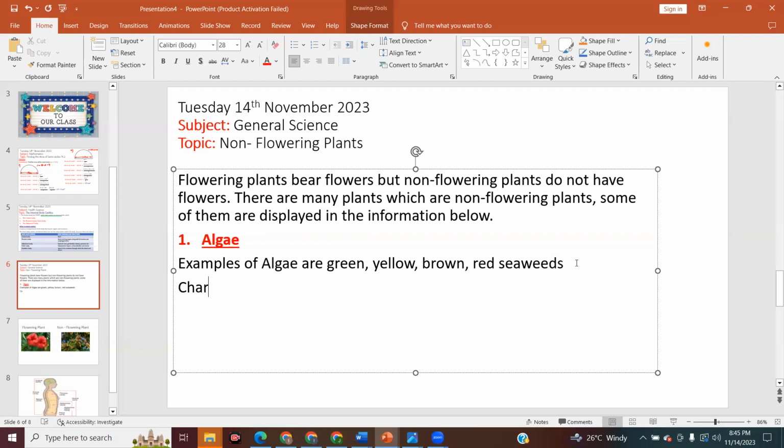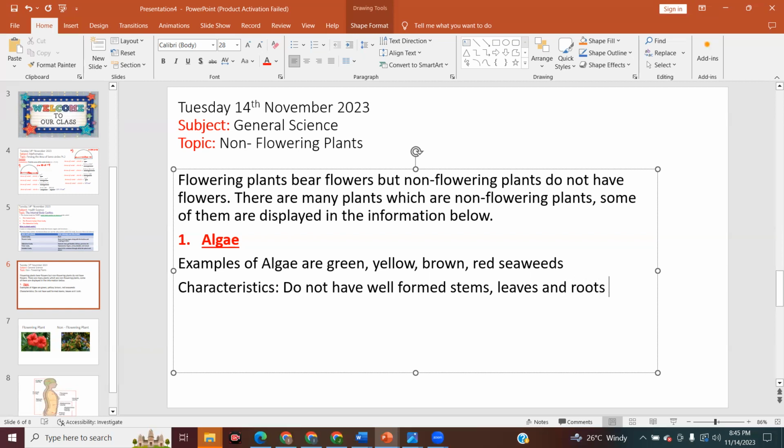characteristics. They do not have well-formed stems, leaves, and roots.